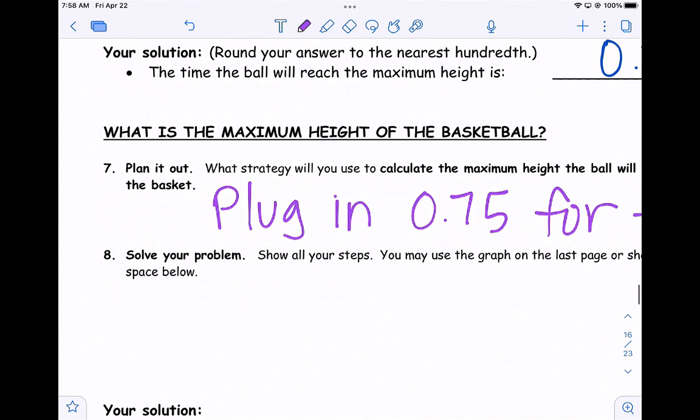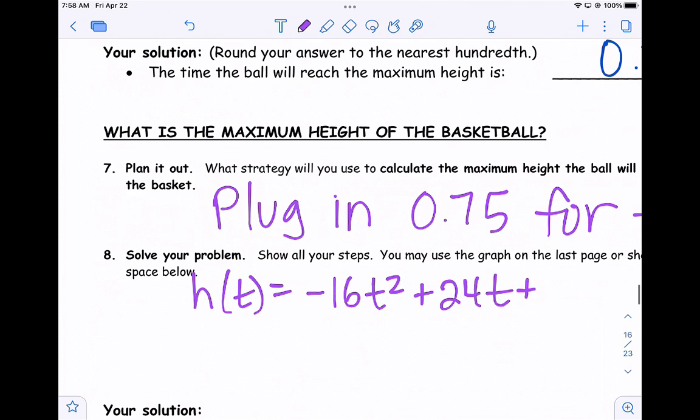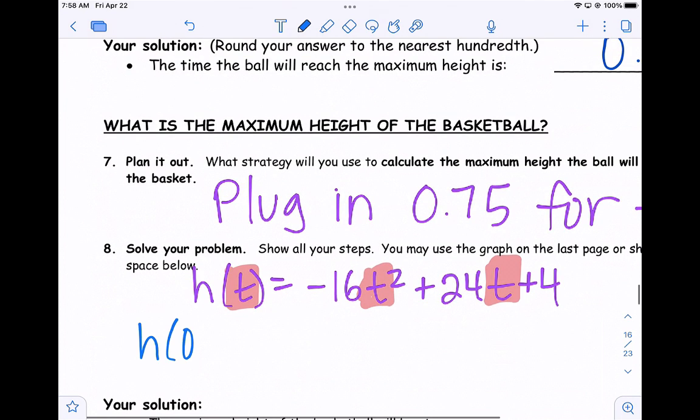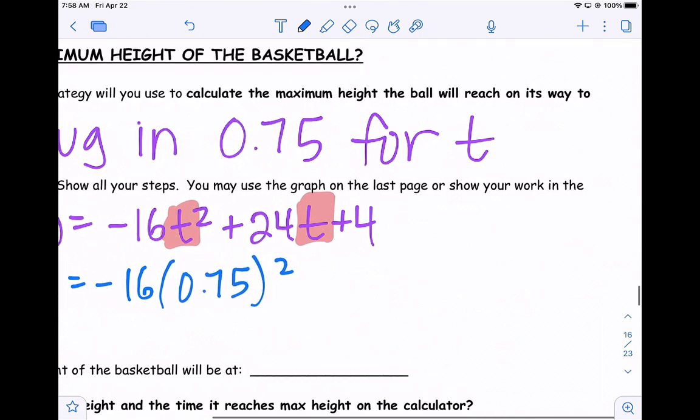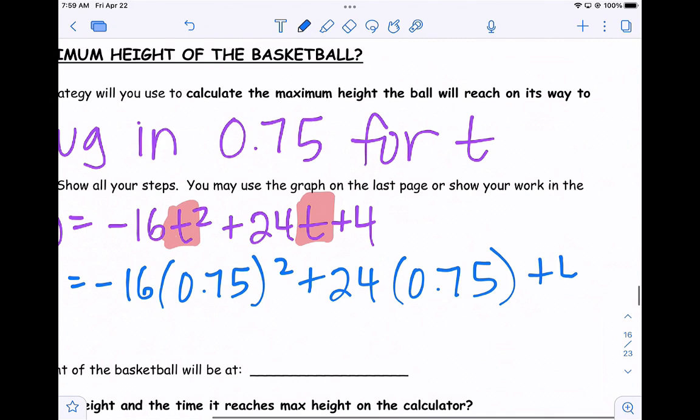If this was our function, h of t equals negative 16t squared plus 24t plus 4, for every value of t we're going to plug in the time at which it reached its maximum, which is 0.75. So h of 0.75 equals negative 16 times 0.75 squared plus 24 times 0.75 plus 4.